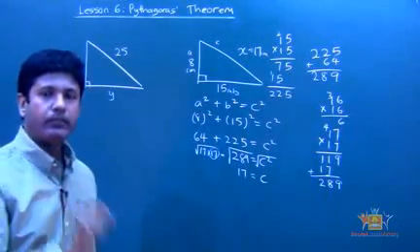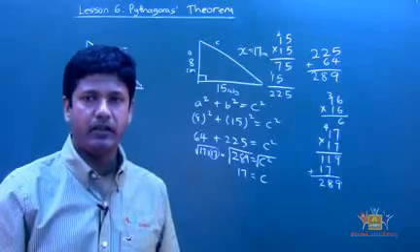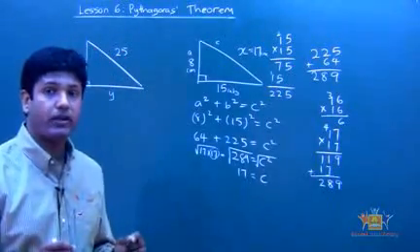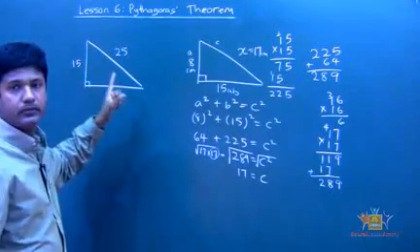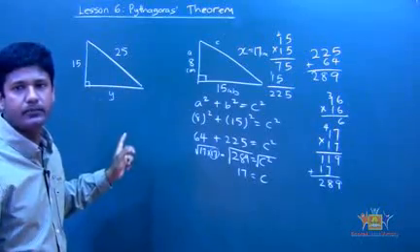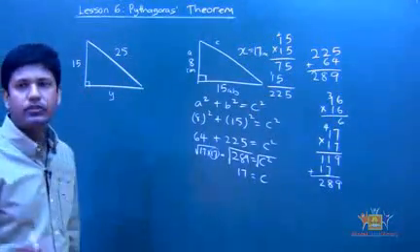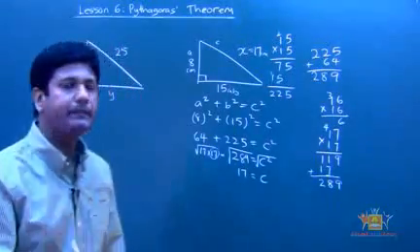We only need one side in order to find the length if it's an isosceles right angle triangle. If not, you need to know the two sides in order to find the third one.